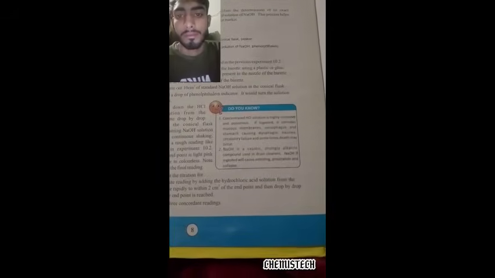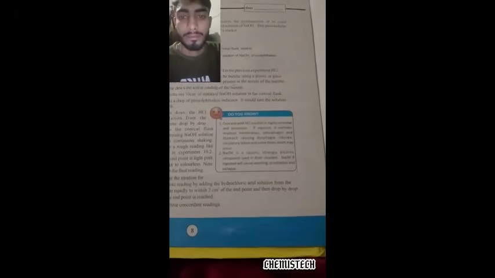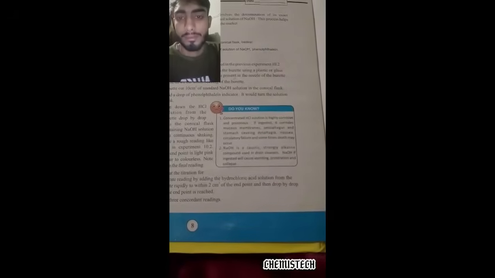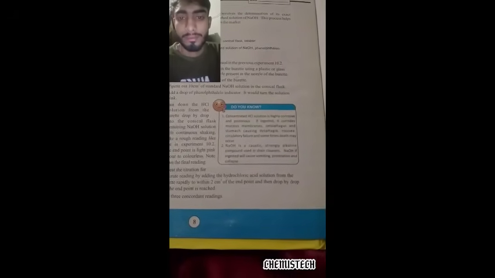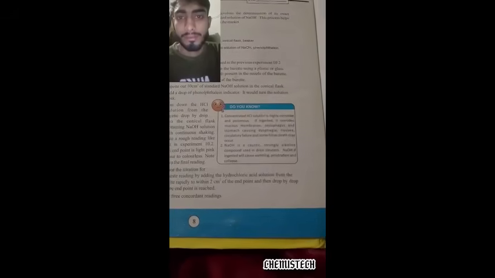Do you know, concentrated HCl solution is highly corrosive and poisonous if ingested. It damages mucous membranes, the esophagus and stomach, causing diarrhea, nausea, circulatory failure and sometimes death may occur.